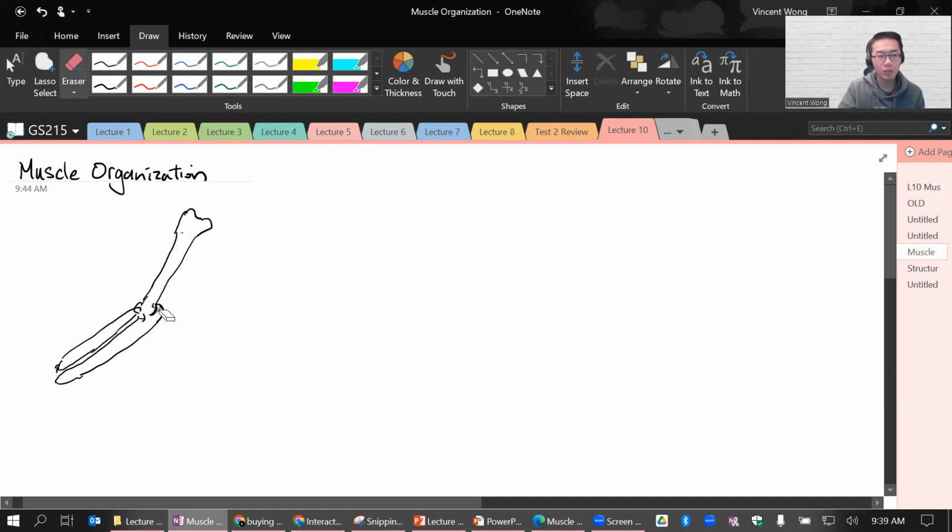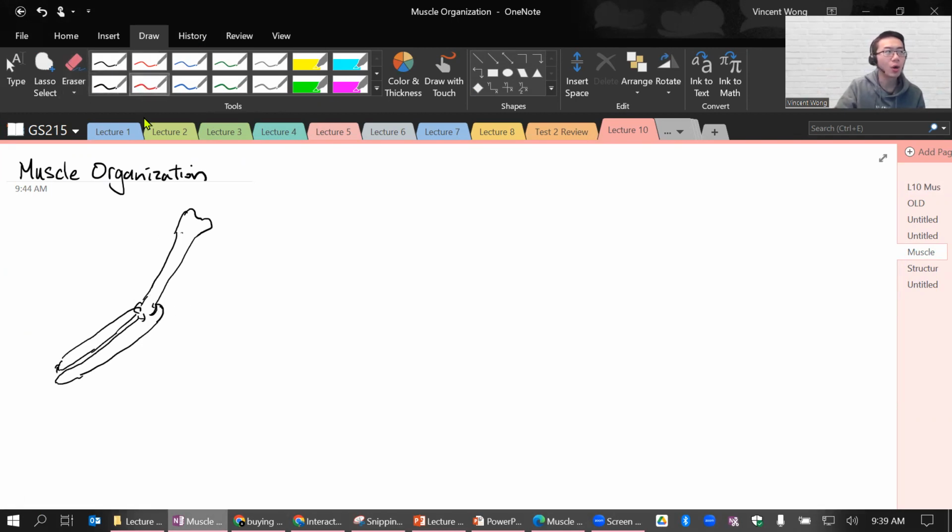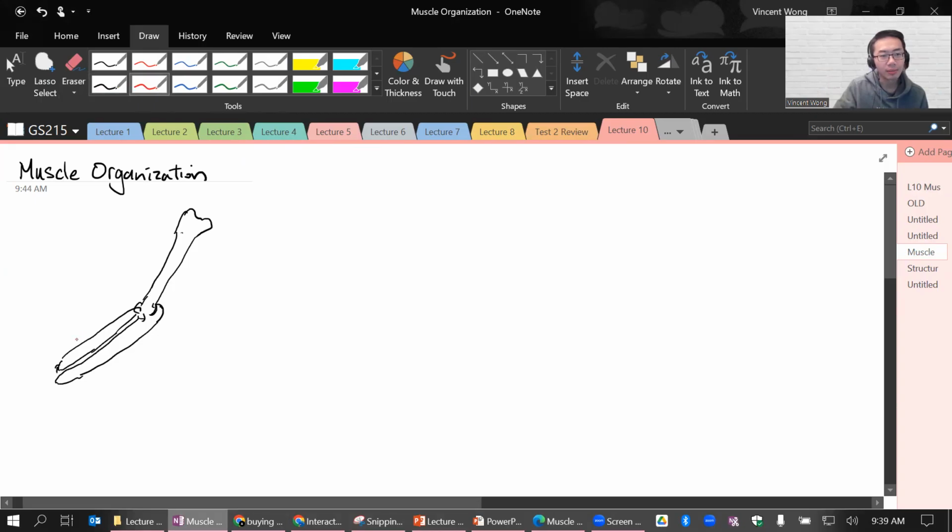Now this is a hinge joint, and so you're gonna have a muscle here. You're gonna have a muscle here that connects to the humerus, and then it connects right here. Okay, anybody know what that muscle is?